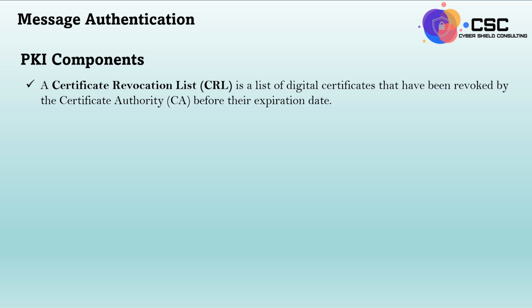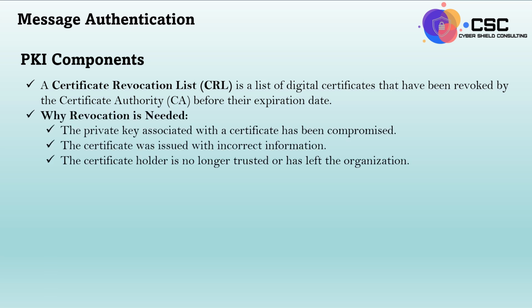Why would a certificate be revoked? There are a few reasons. First, if a certificate's private key has been compromised, then it must be revoked immediately. Another reason could be that the certificate was issued with incorrect information, or maybe the certificate holder is no longer authorized to use it, such as an employee who leaves the company.